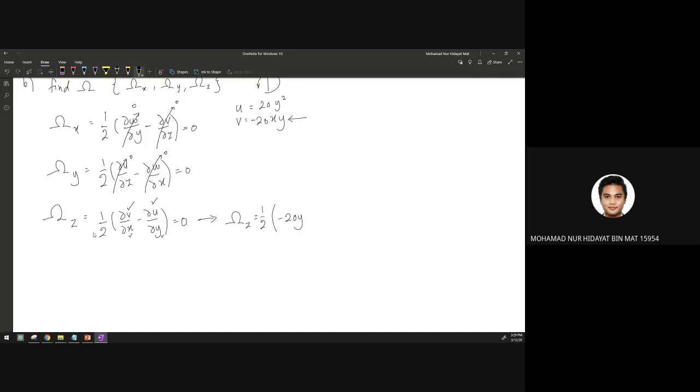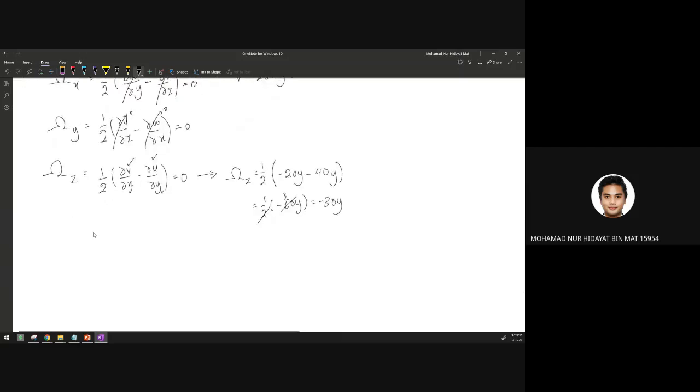And then minus u with respect to y. So we differentiate this with respect to y, become negative 40y. And we simplify further, negative 20, negative 40 become negative 60y, become negative 30y.